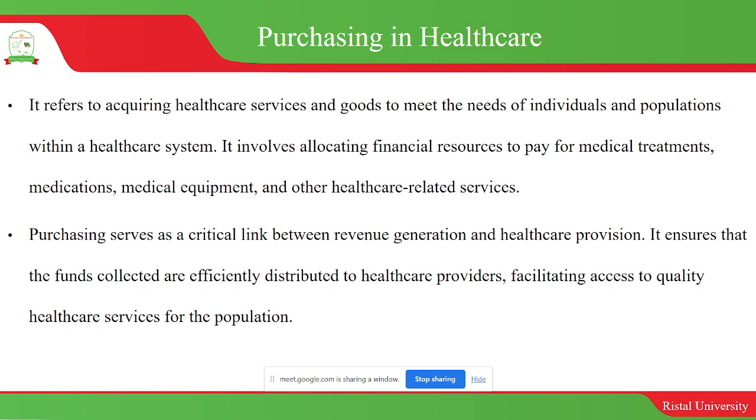Okay, so we need to acquire the services that are needed to meet the health needs of individuals and populations within a healthcare system. So the activities associated with allocating financial resources for treatments, for medications, for equipment, and other health-related services is what we basically refer to as purchasing.